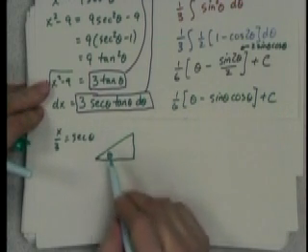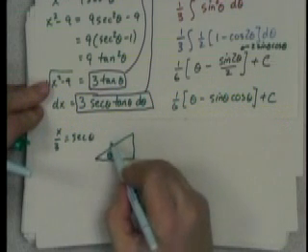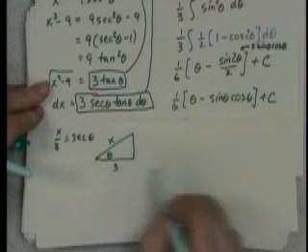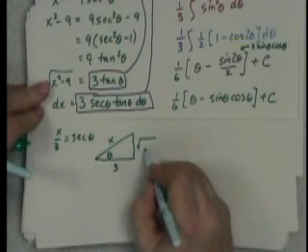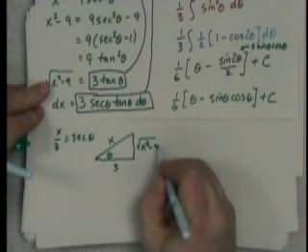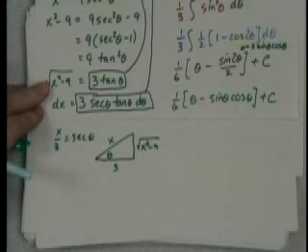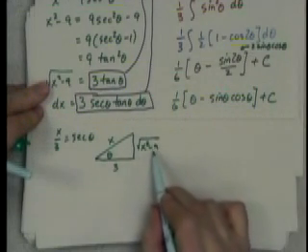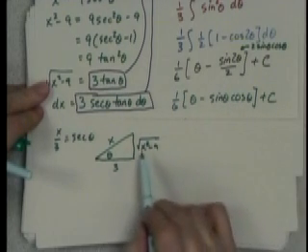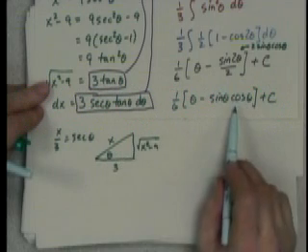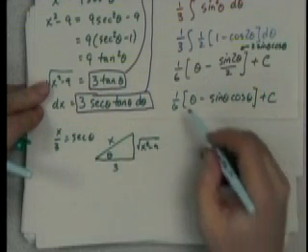Secant is hypotenuse over adjacent, so the numerator is going to be hypotenuse, the adjacent is going to be the denominator, and then you use the Pythagorean theorem to find the other side. So the opposite side is the square root of x squared minus 9. Sine is going to be the square root of x squared minus 9 over x. Cosine is going to be 3 over x.